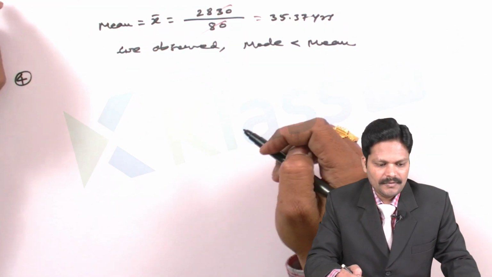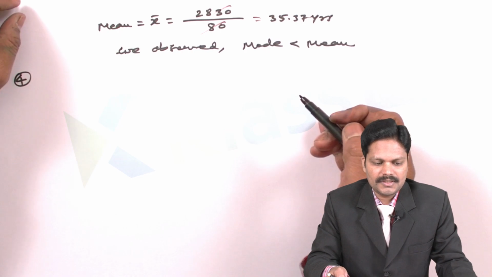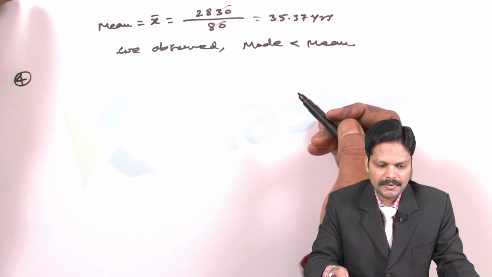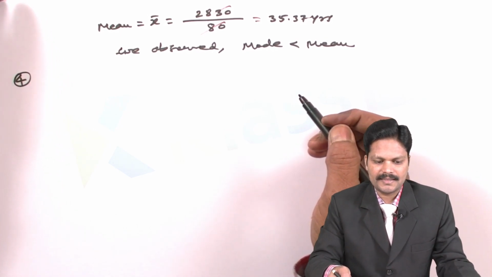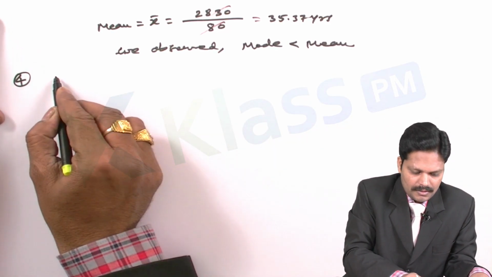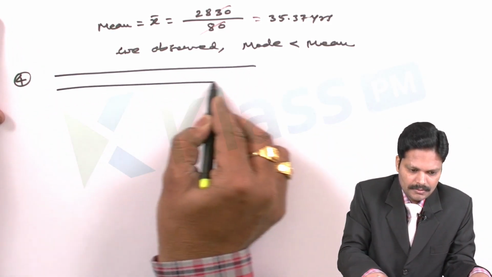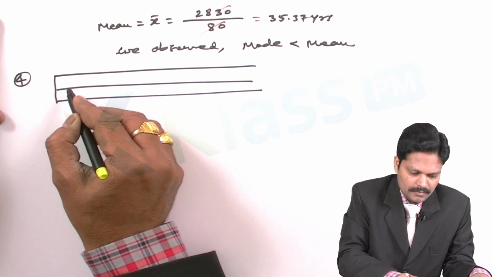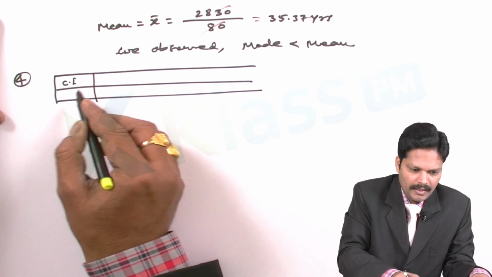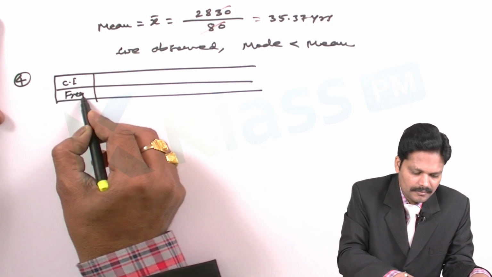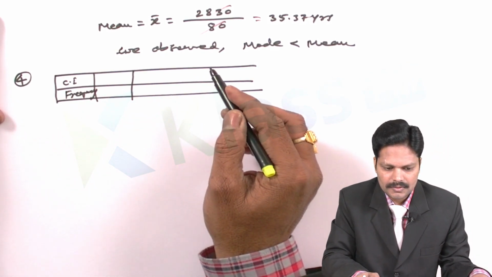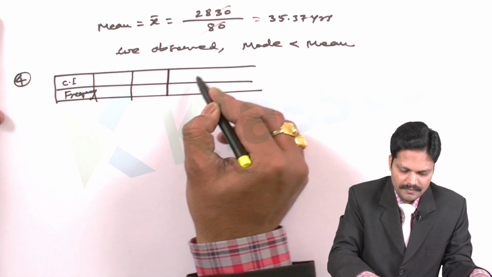If the median of 60 observations given below is 28.5, find the value of X and Y from the data. I am writing the data here. The class intervals and frequencies are given, so we have 6 columns.